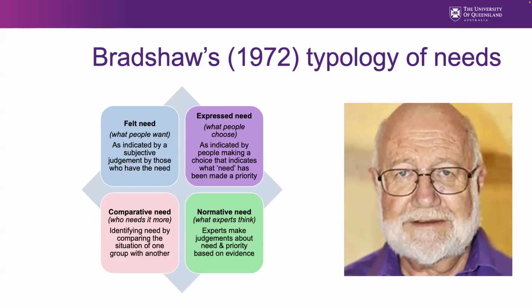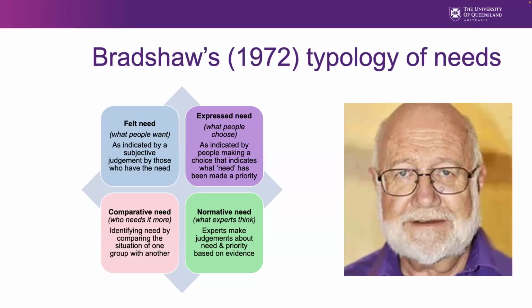And then he also spoke about comparative needs. This is just about determining who needs something more by comparing one group's situation over another. And this again is something you see very often policymakers doing when trying to understand where priorities should be given. And then we have normative needs, which refers to the needs identified by experts.